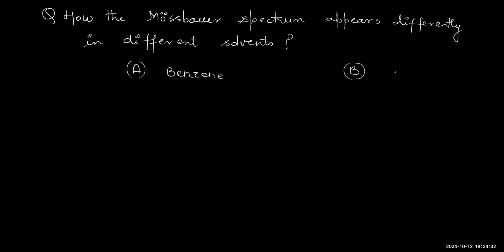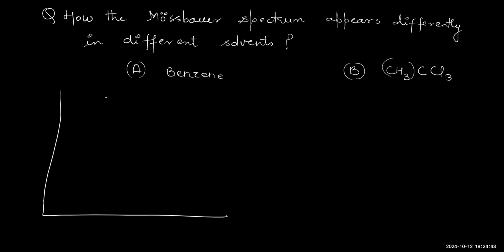Second is your methyl chloroform, CH3CCl3, right? Now in the first case, the spectra that comes across is having iron 3, because we said that iron 3 is there. So iron 3 is expected to have less delta value.